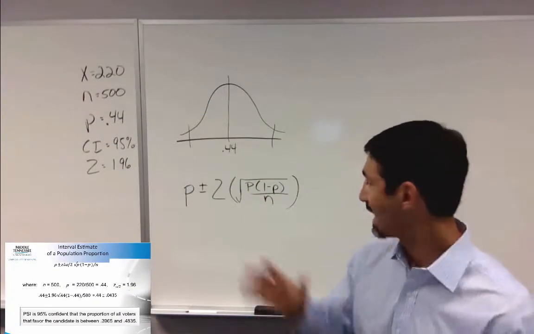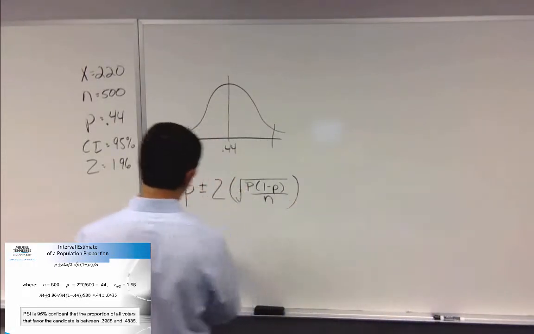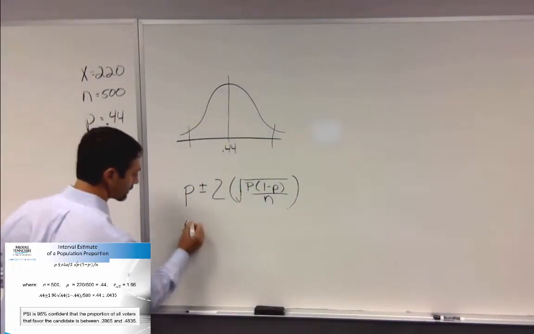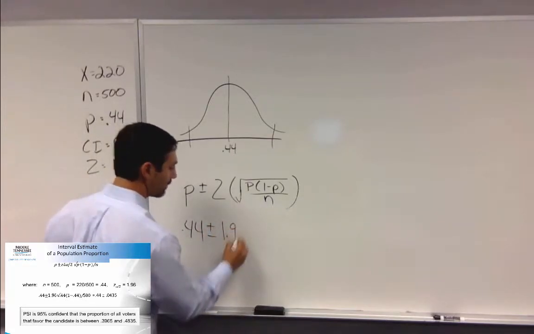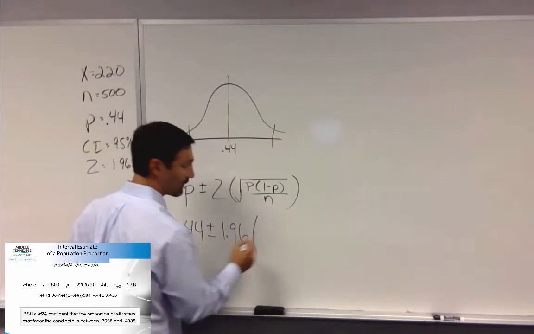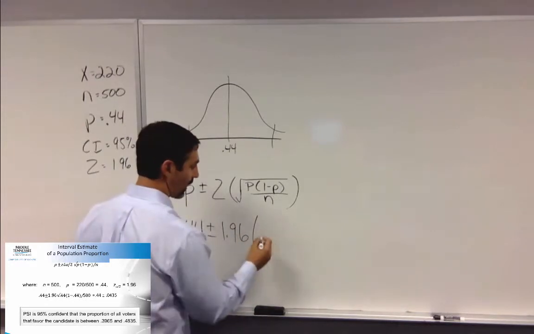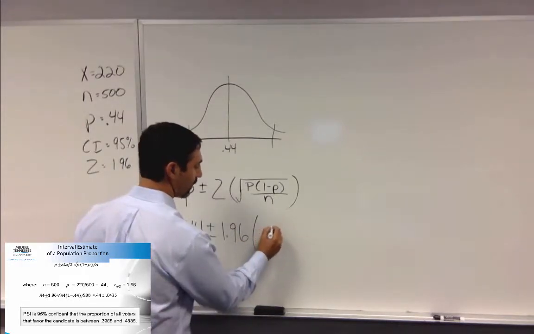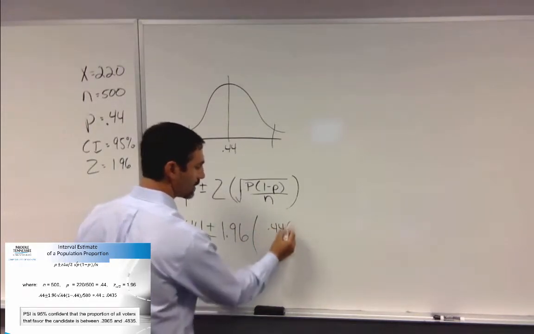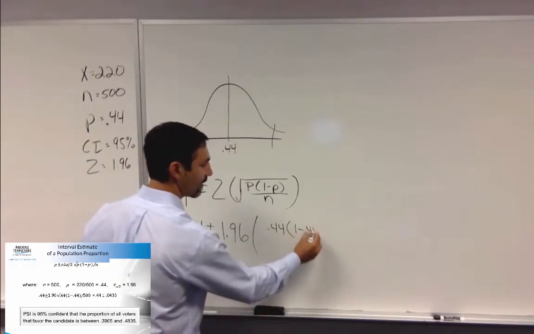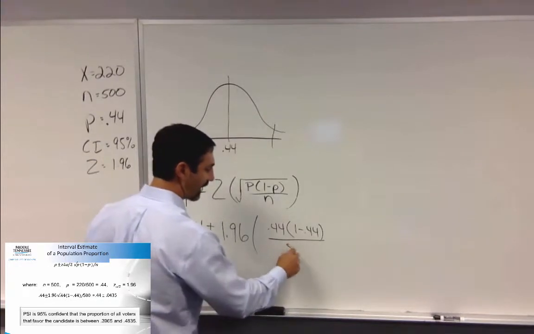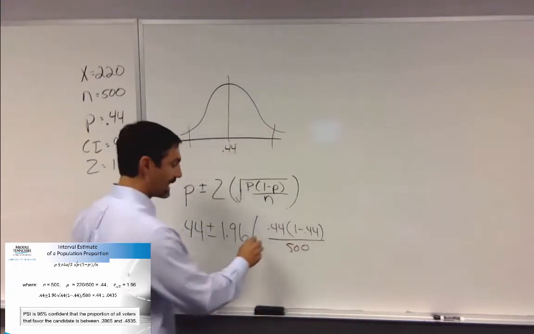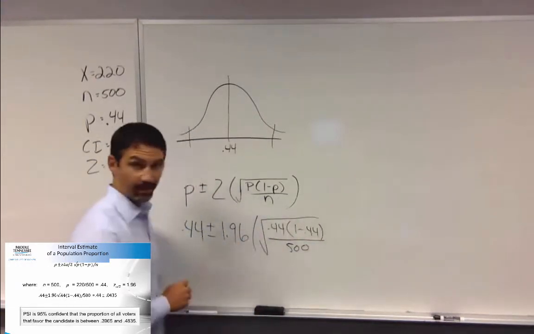And so looking at that, let's take a look up here. That means you have 0.44 plus or minus 1.96. You're then going to multiply that by the standard error, and standard error is going to be 0.44 times 1 minus 0.44. You're then going to divide that by 500, and then take the square root of that number.